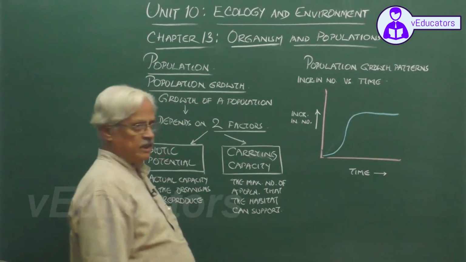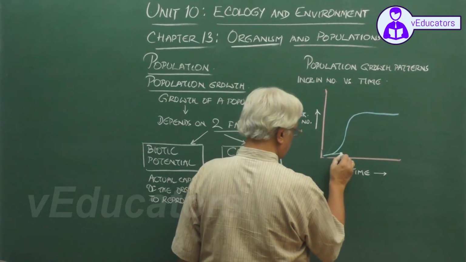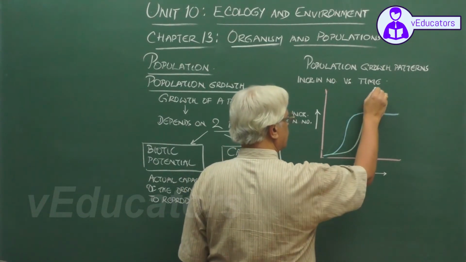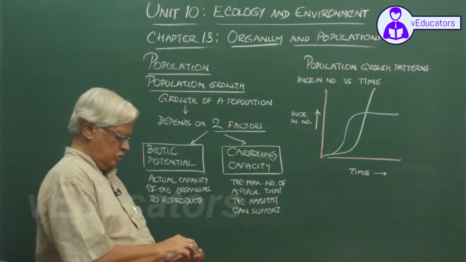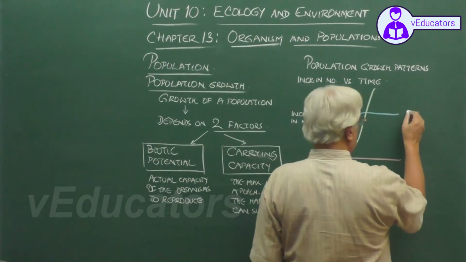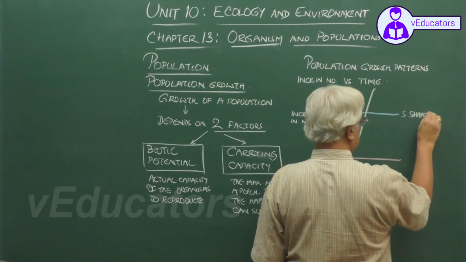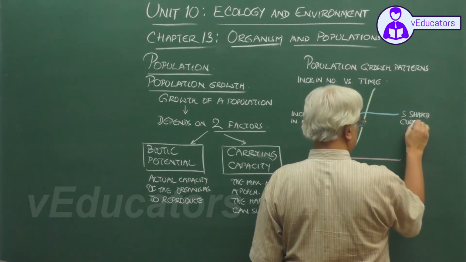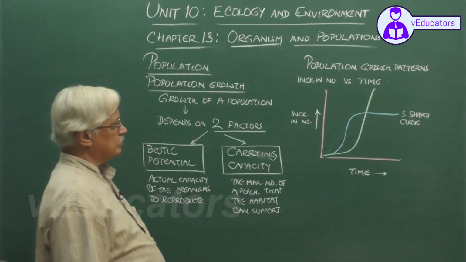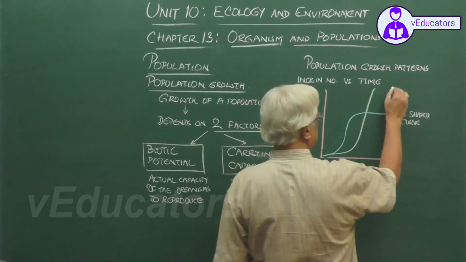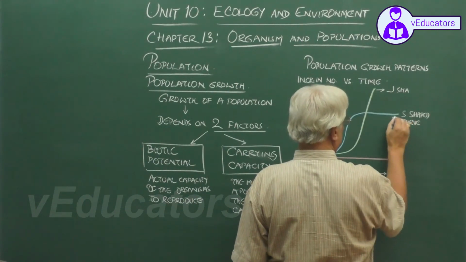There are two possibilities. Either you will get a graph like this, or you will get a graph like this. This is called sigmoid curve, S-shaped curve, and this is called J-shaped curve.